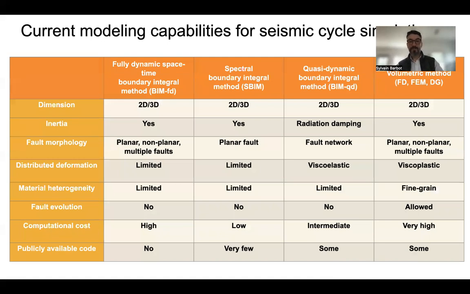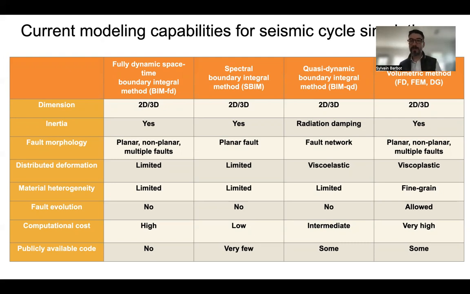So it combines these two different approaches to calculate these models very efficiently. So we've introduced a number of numerical methods that can be classified into discretizing only the surface of faults, or the surface of faults and the surrounding volumes, so boundary-based or volume-based methods. You can see that there are a lot of different flavors of these methods based on the various approximations that are being made that enable further simplifications of the numerical methods.